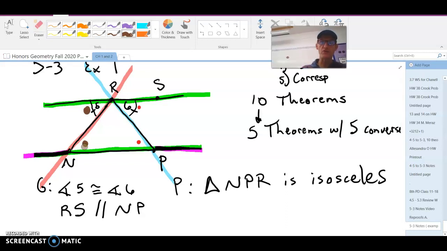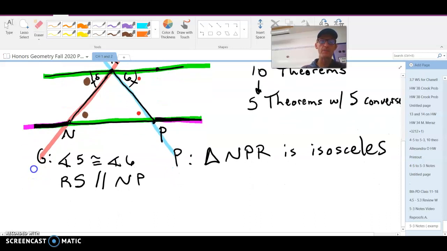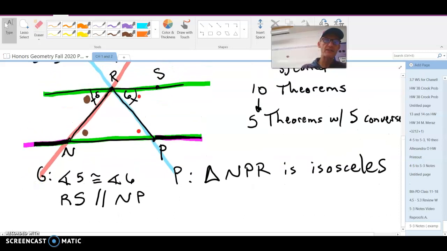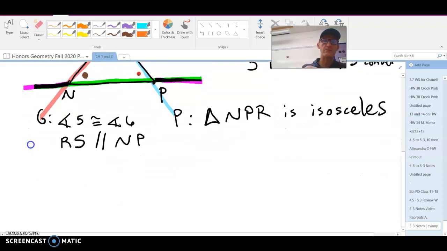Now the converse is true, but we're not going to use the converse because we want to get the angles congruent. We already have the lines parallel. So that's what we have to do. We have to say angle 6 is congruent to this angle, angle 5 is congruent to this angle, and these 2 angles are congruent because of the transitive property. Okay? And then if we get these 2 base angles congruent, we can get this triangle isosceles.